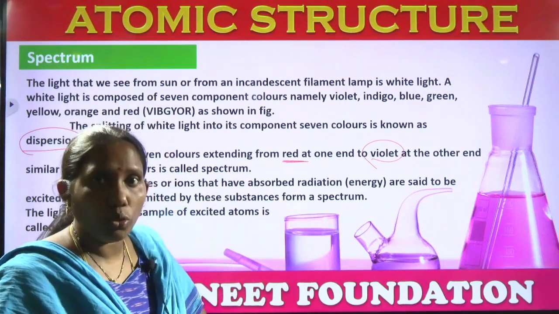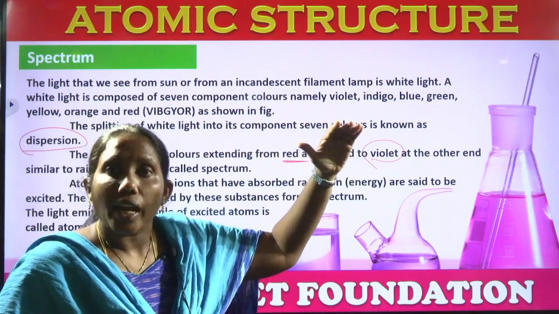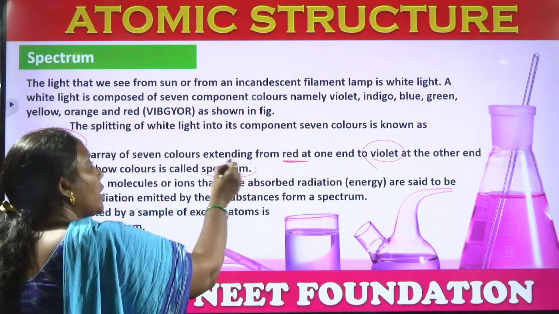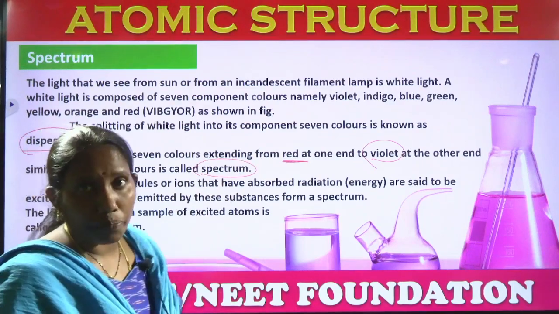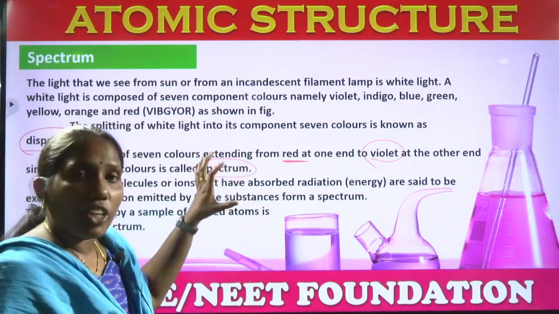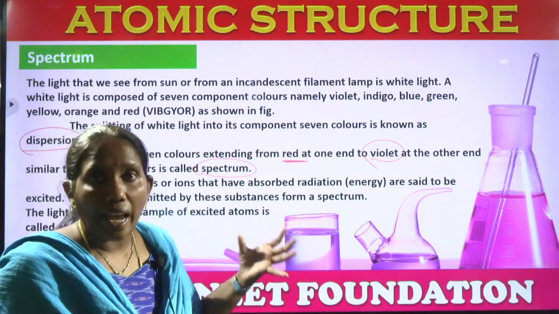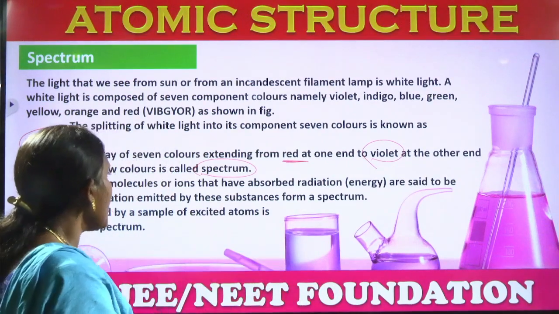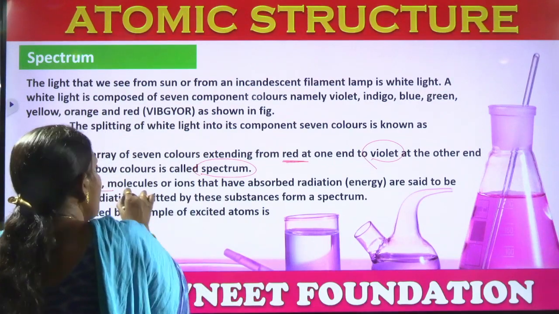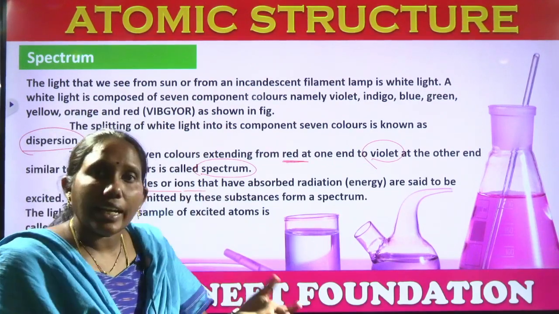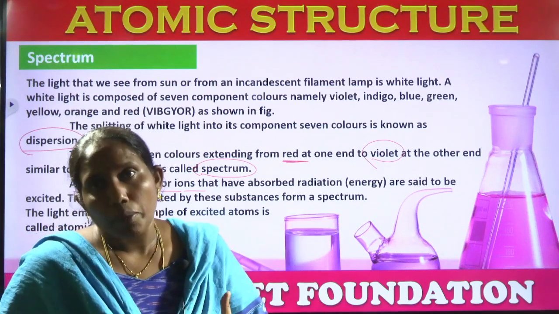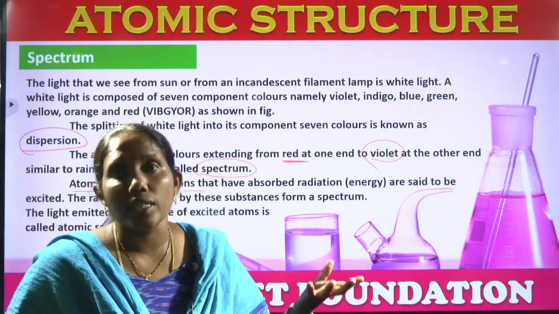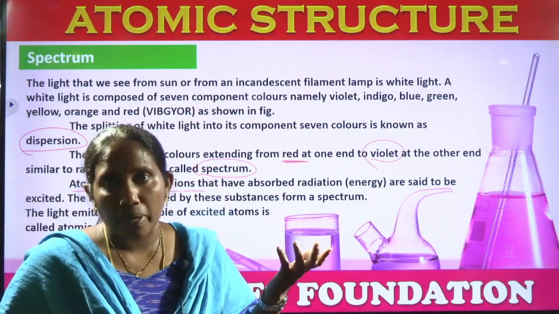Starting from red to violet, like a rainbow, that arrangement of colors is said to be spectrum. This spectrum, when we observe it from any atom, molecule or ions, is said to be atomic spectrum. Atoms, molecules or ions that have absorbed some amount of energy and produce this arrangement of colors, that is said to be atomic spectrum.